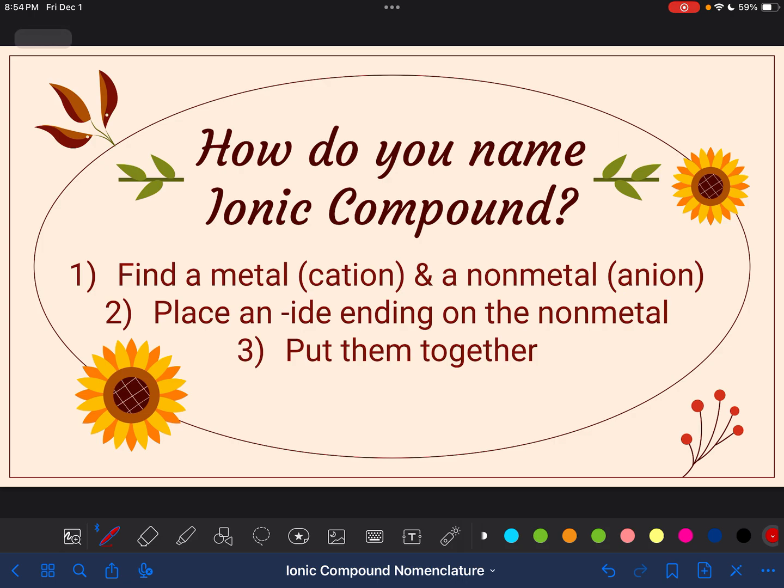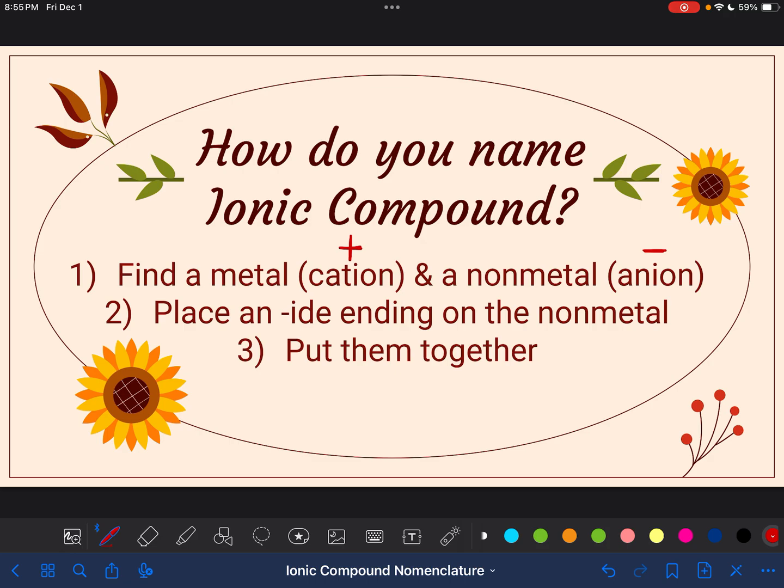So how do we actually name an ionic compound? Well, it's pretty simple. You have to follow these 3 steps. Number 1, find a metal or a cation and a nonmetal or an anion. If you don't remember what a cation and an anion are: cat, paw, positive, so it's a positive charge. Anion, onion, you feel a negative feeling, so it's a negative charge.